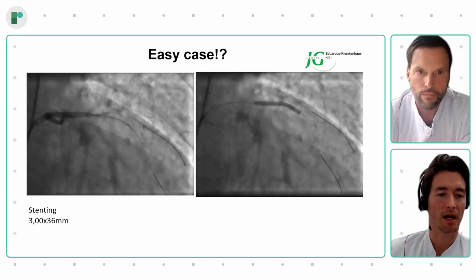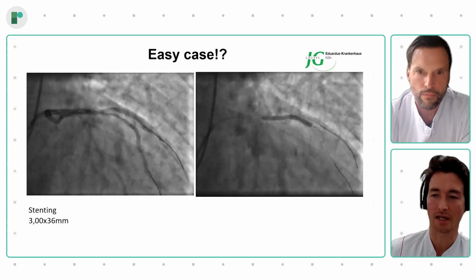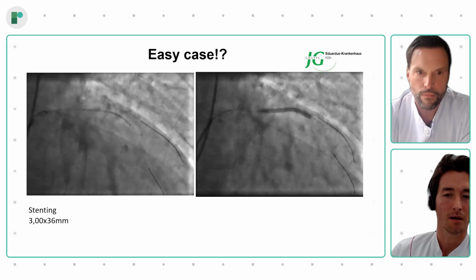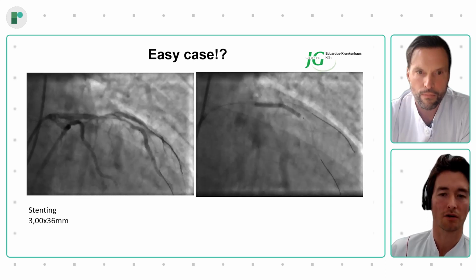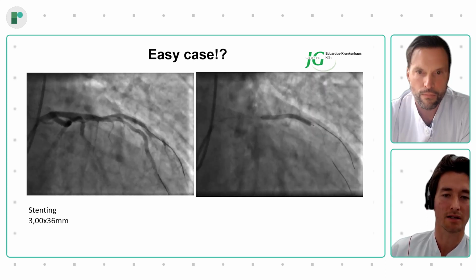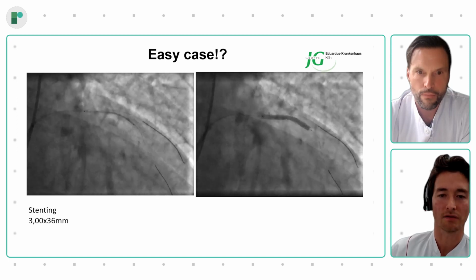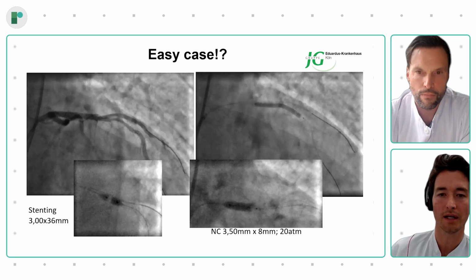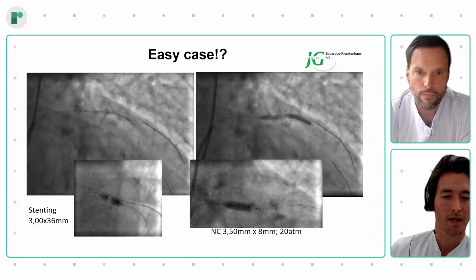We pre-dilated with an NC balloon and then proceeded with stenting with a 3.36 millimeter stent. On the angiography, you can appreciate a very nice expansion of the stent throughout the complete length of the stent.